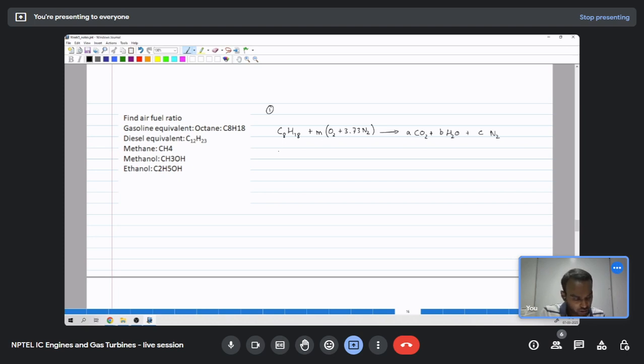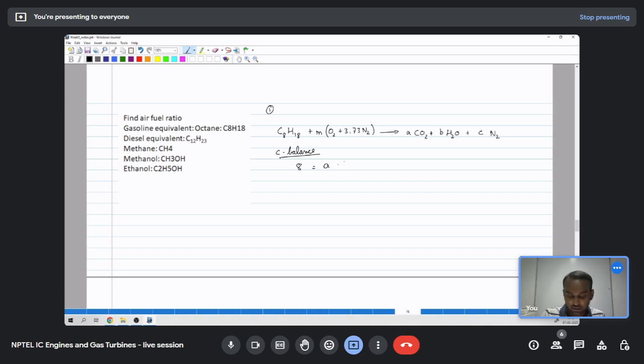So now using carbon balance, we have 8 on the left hand side, and on the right hand side we have a. So only carbon dioxide on the right hand side has carbon. So we know a is 8, so that means CO2 is found out.